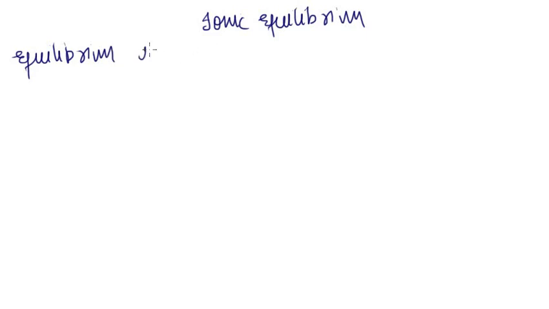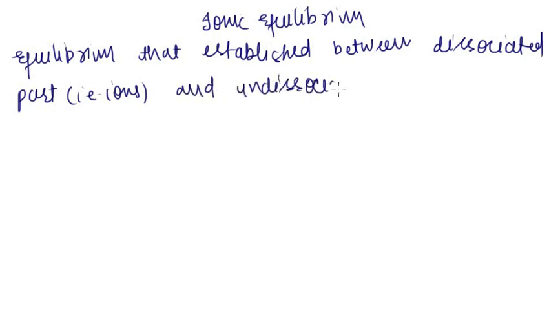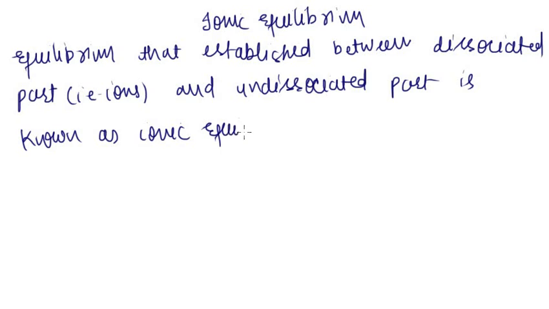The equilibrium that is established between the dissociated part, which is ions, and the undissociated part is known as ionic equilibrium. The dissociated part, that is ions, and the undissociated part.